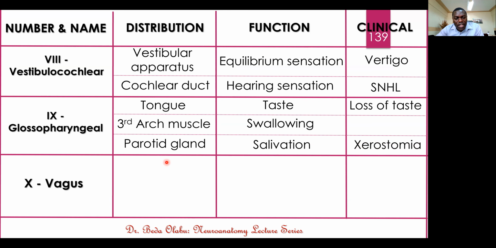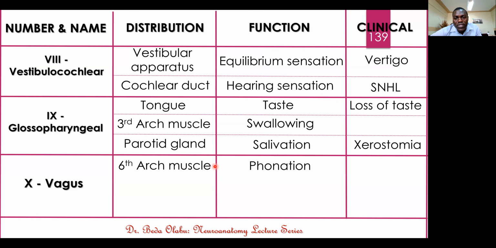The 10th cranial nerve is called the vagus nerve, also exiting the cranial cavity through the jugular foramen. The vagus nerve supplies the muscles of the 6th pharyngeal arc. Muscles of the 6th pharyngeal arc are muscles of the larynx, the muscles of the voice box. We use them for phonation.